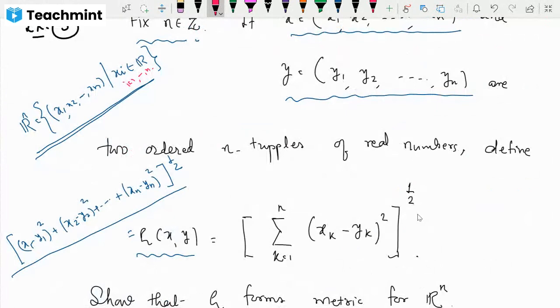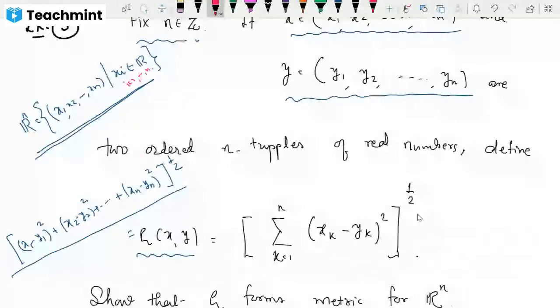We define rho(x, y) equal to the summation, k varies from 1 to n, of (xk minus yk) squared, and the whole to the power half. Term-wise you can write it as: if you take k equal to 1, you get the first term, (x1 minus y1) squared.